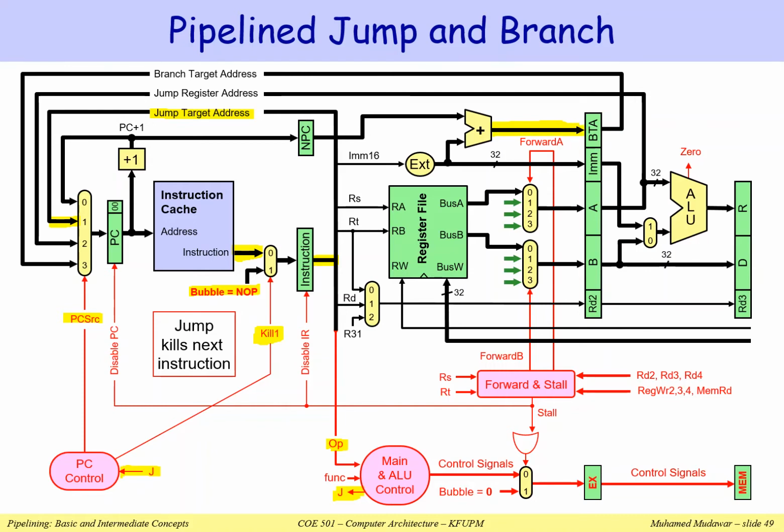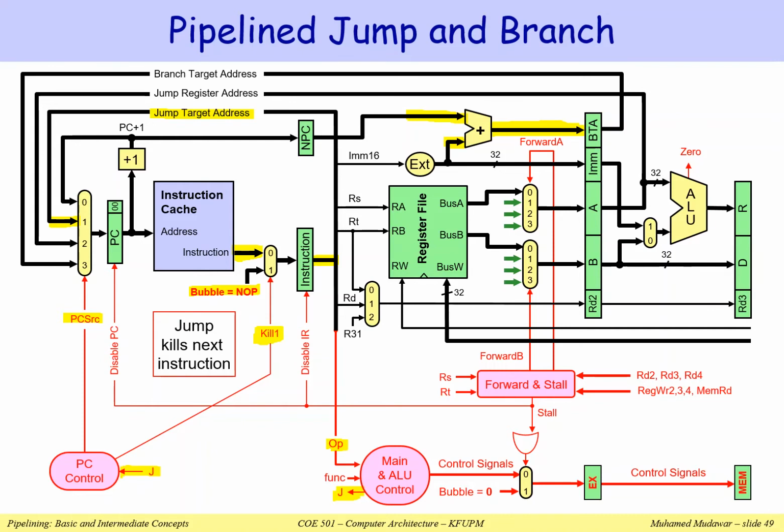So we can compute the branch target address early, assuming that the instruction is a branch, based on the extended immediate constant and the incremented PC. This is how the branch target address is defined in the MIPS architecture. It is PC relative, and this is why we need this adder.